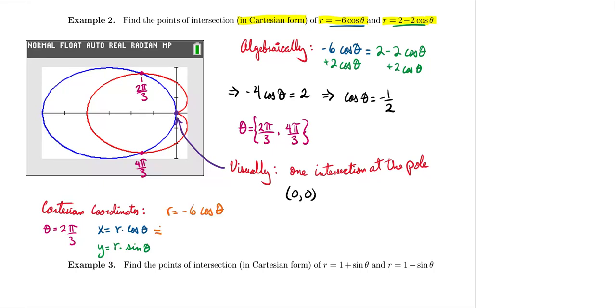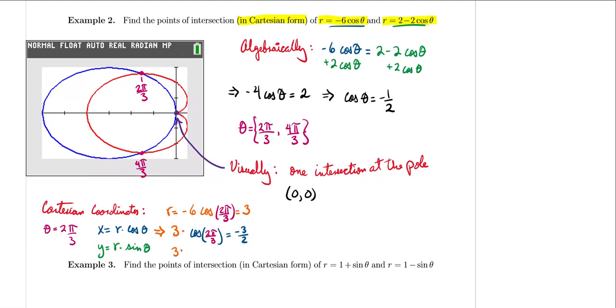Okay, so let's see, then the x value is going to be r. So what is the r when you evaluate it at 2π/3? I'm going to put it here. So -6 times the cosine of 2π/3. Well, the cosine of 2π/3, if I'm not mistaken, is equal to -1/2. So -6 times -1/2 should give us a value of 3. So the x value then is going to be 3 times the cosine of 2π/3, which is equal to -3/2. Now for our y value, the r value is the same.